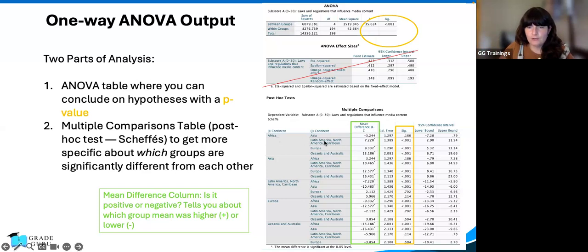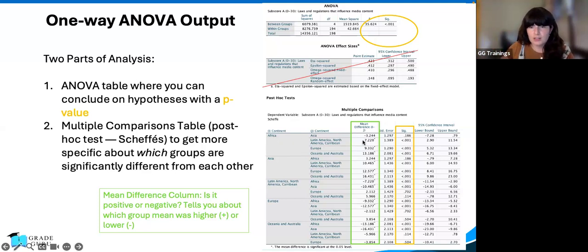So we're in this row, and our mean difference is 7.220. Doesn't matter what the number is, doesn't matter at all. What matters is, is it a positive number or is it a negative number? If it's positive, like it is here, that means that the group on the left-hand side, the big one, is the group with the higher average.